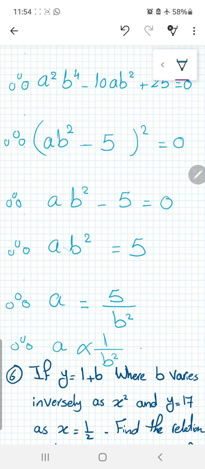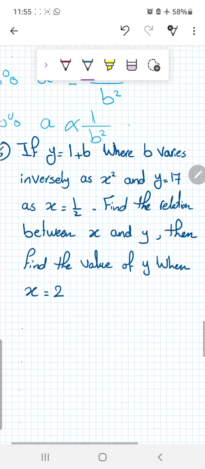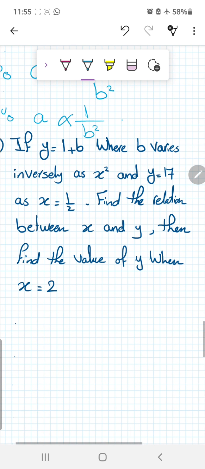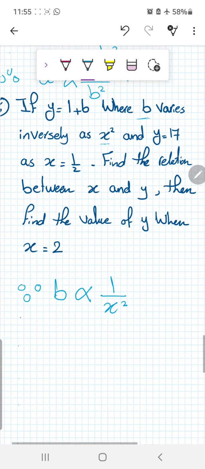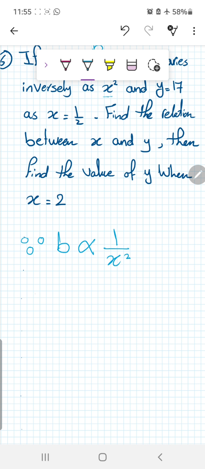Okay, another example. If y equals 1 plus b, where b varies inversely with x power 2. Here b varies inversely with x power 2, so b varies with 1 over x power 2. As we said, here we want to get the relation.